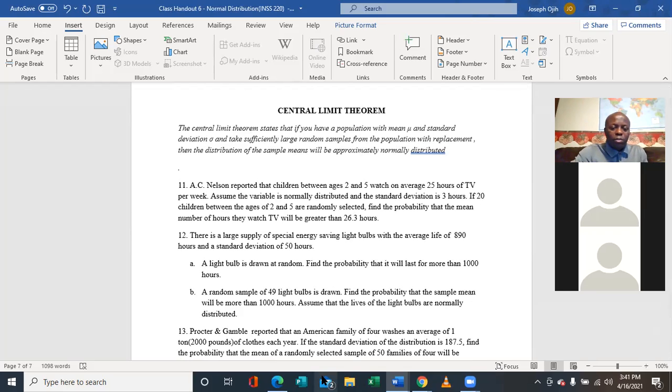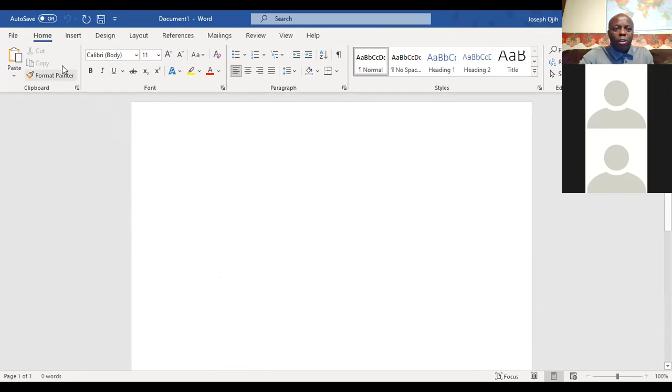So the formula we use for the central limit theorem, let me take you to the other workbook so that I can put the formula in. The formula we use here will be in this form.